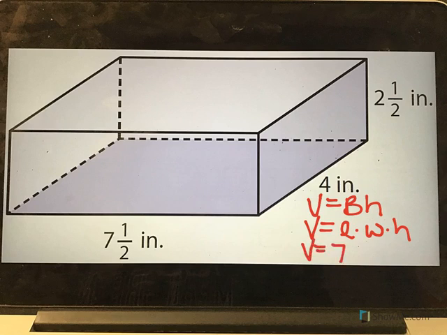So I have 7. Now normally I keep my fractions as fractions because fractions are cool. But since we have 1/2 on all of them, I'm going to turn those into 7.5 and 2.5, times 4, times 2.5.